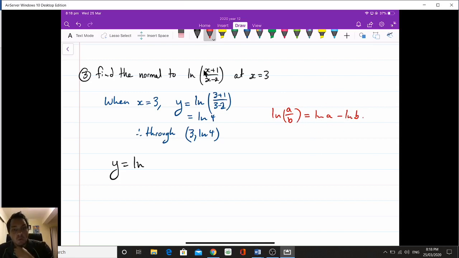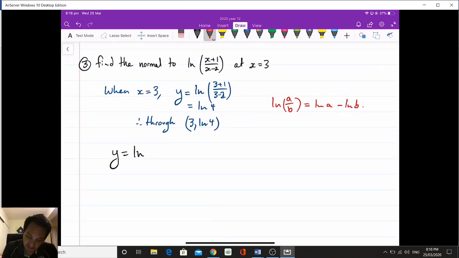So this is probably what we'll use for this, and then we could differentiate each part separately. So in this case, ln of (x plus 1) over (x minus 2) is equal to ln of (x plus 1) minus ln of (x minus 2).